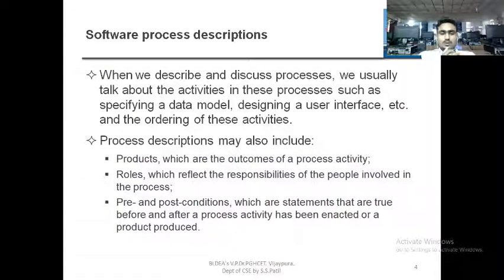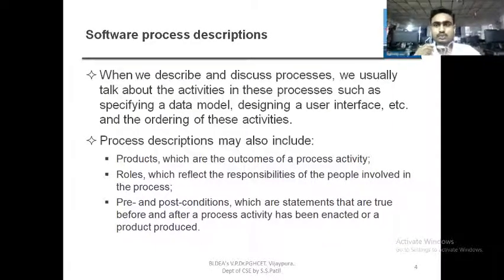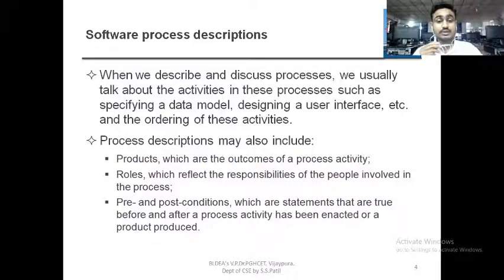Next come the roles, which reflect the responsibilities of the people involved in the process. To complete any process, to achieve any application, how many people do we require, and what will be the roles? We follow the hierarchy from top to bottom, or sometimes we have to go from bottom to top.